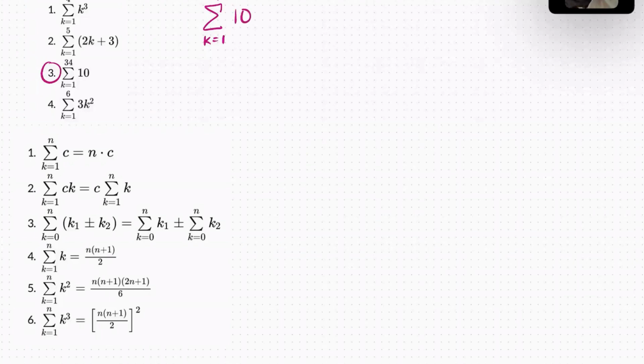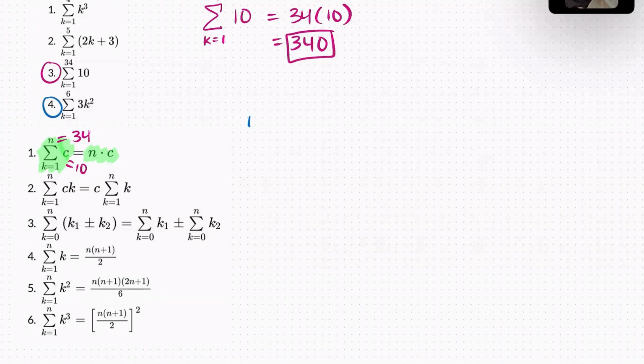Does not feel like fun to have to do all that. That's a lot. So I'm going to rely on the fact that that is a constant, which is this rule right here, which means I just multiply the two numbers. So n is 34 and c is 10. According to our rule, this is just 34 times 10, which anything times 10 is lovely, right? This is 340. See how quick that was? Can you imagine writing that out 34 times? Oh, that'd be awful.